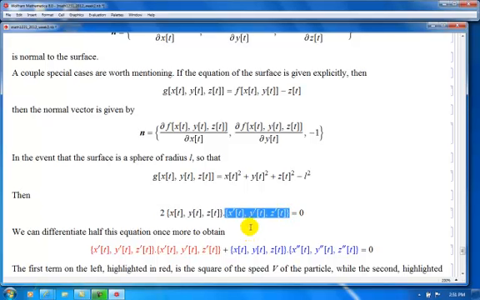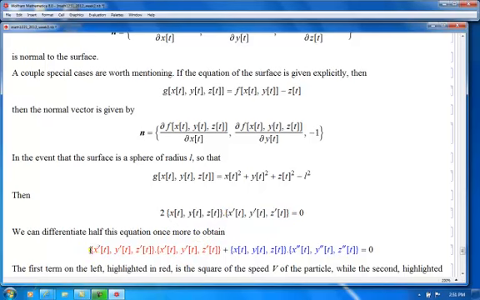That tells us that the normal component of the velocity is 0. But we can differentiate this equation once more, having halved it to get rid of the 2, and what we'll get is this.